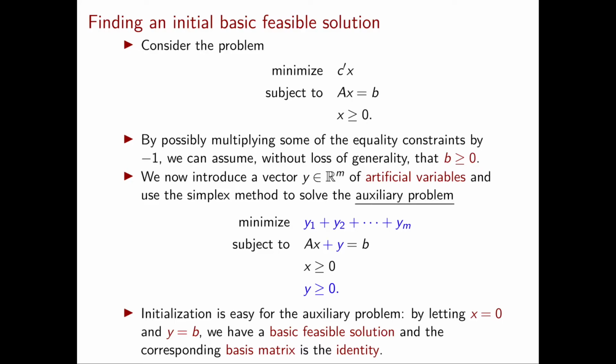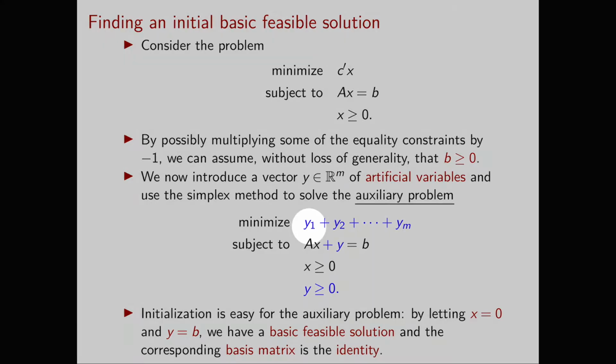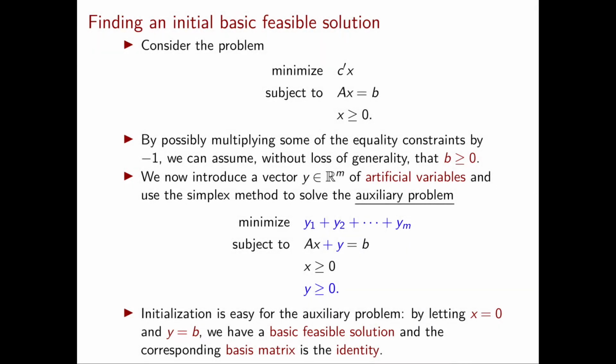In fact, we already have equality constraints, so it really makes little sense to add a slack variable. However, we will soon see why this is useful to us. Now, what about the objective function of this auxiliary problem? This is simply the sum of all the y variables.